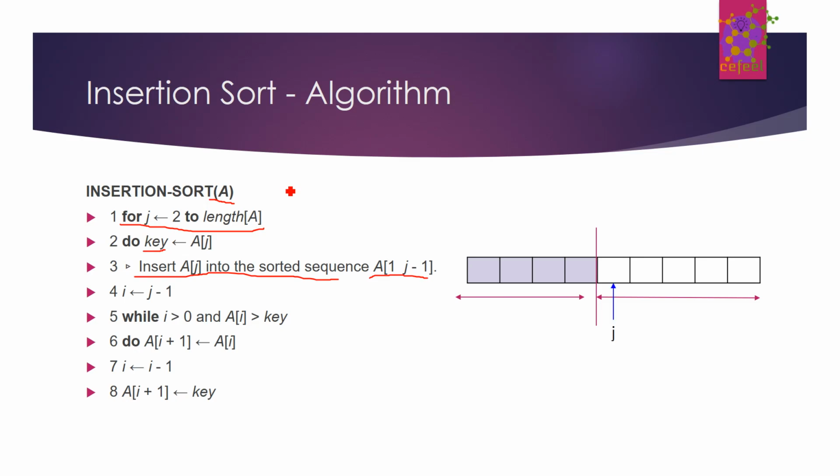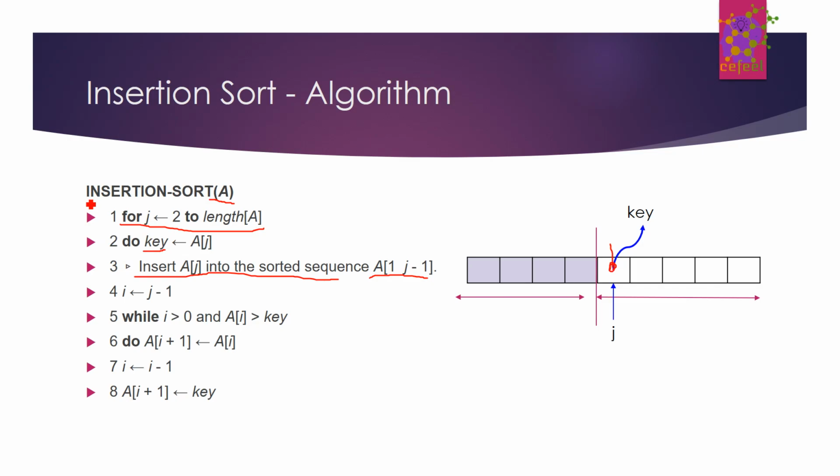At a particular stage, if j is somewhere here, this is the item we are picking, this is our key, and we insert the key into the sorted part of the array. That's what steps 4 to 7 do.